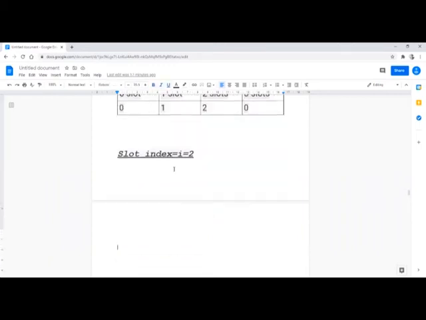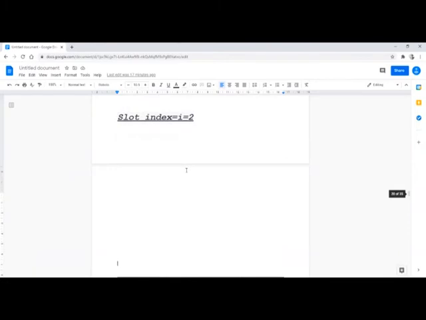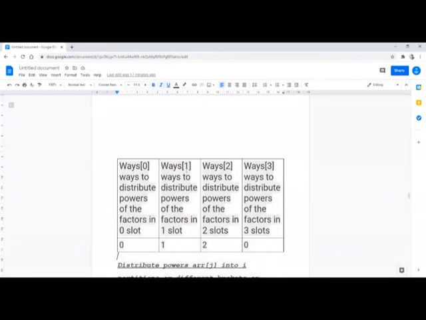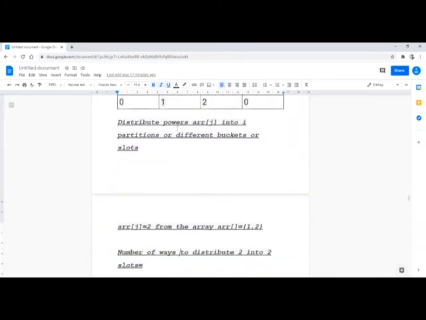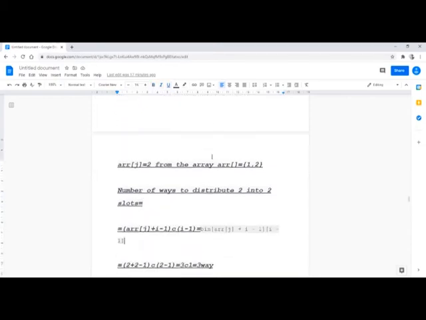Now next we go to slot index equal to 2. Here we distribute the powers of array of j into I partitions or different buckets or slots. Array of j is equal to 2 from the array ARR is equal to 1 comma 2.